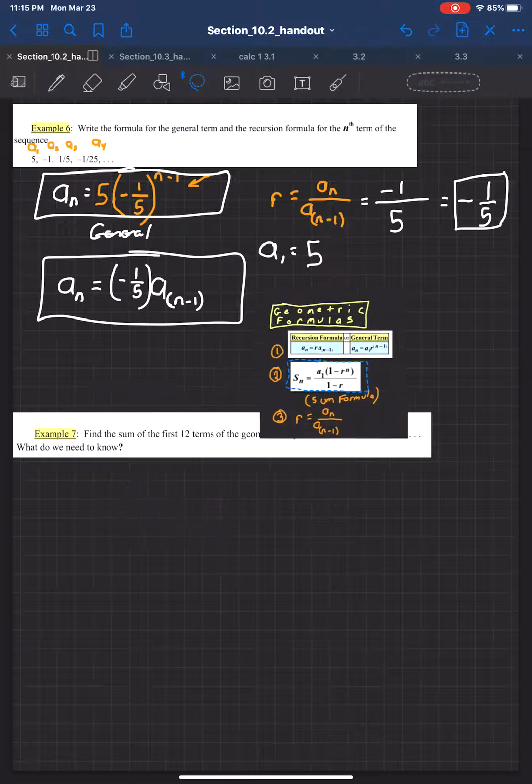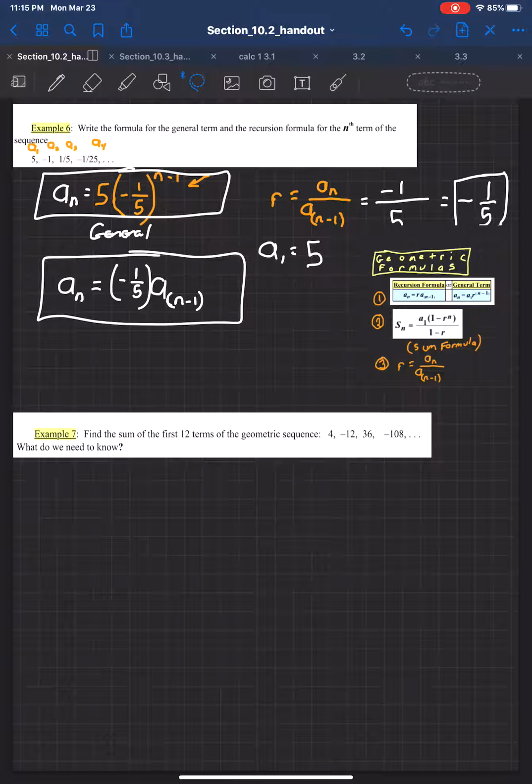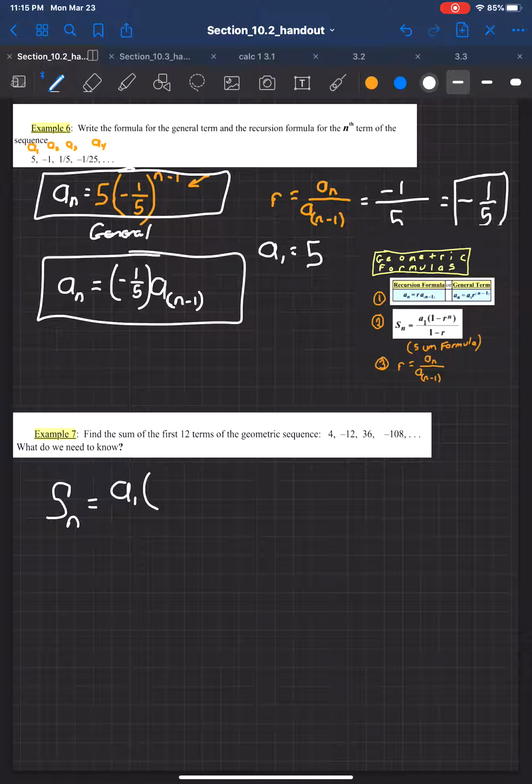Let's see if I can take the formula for the sum of n terms of a geometric sequence. We're going to use it first, and then I'm going to come back and talk a little bit about what's happening here.